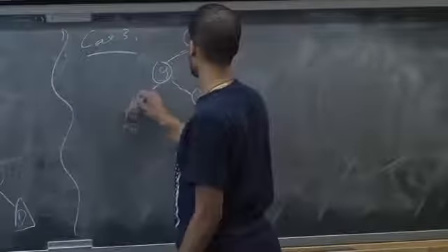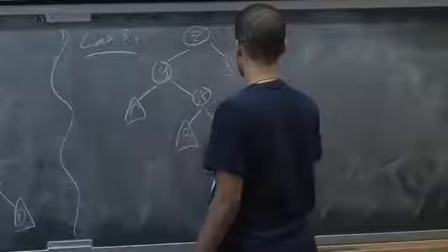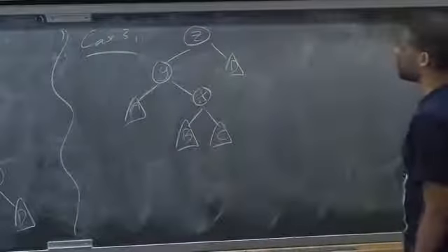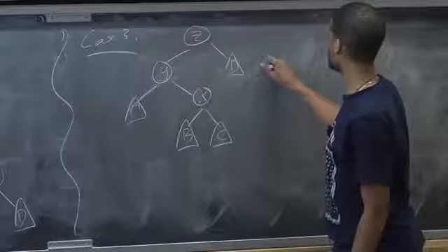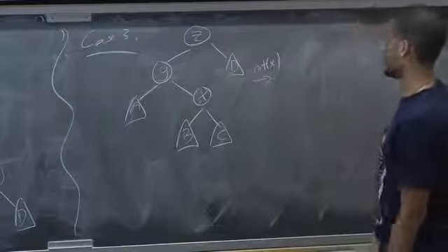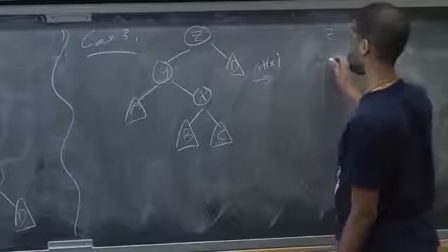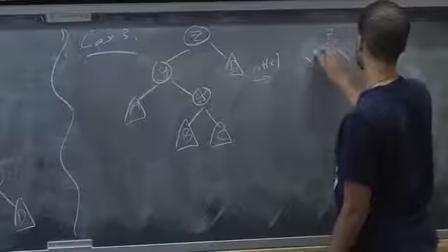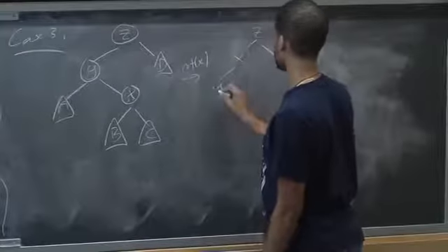So here we have A, B, C, D. I said the first thing we do is we rotate x. We rotate x twice. So the first rotate x looks like z, x, y is less than x, so here.